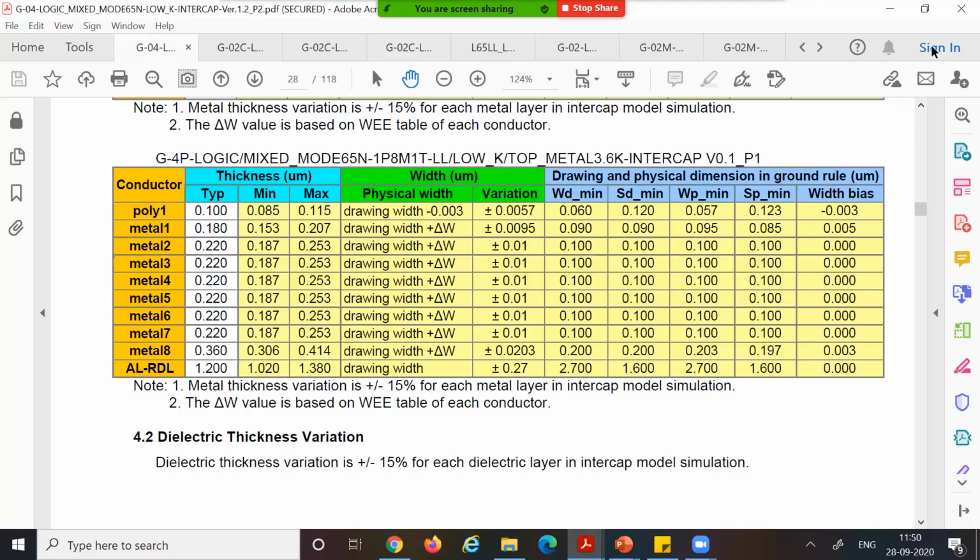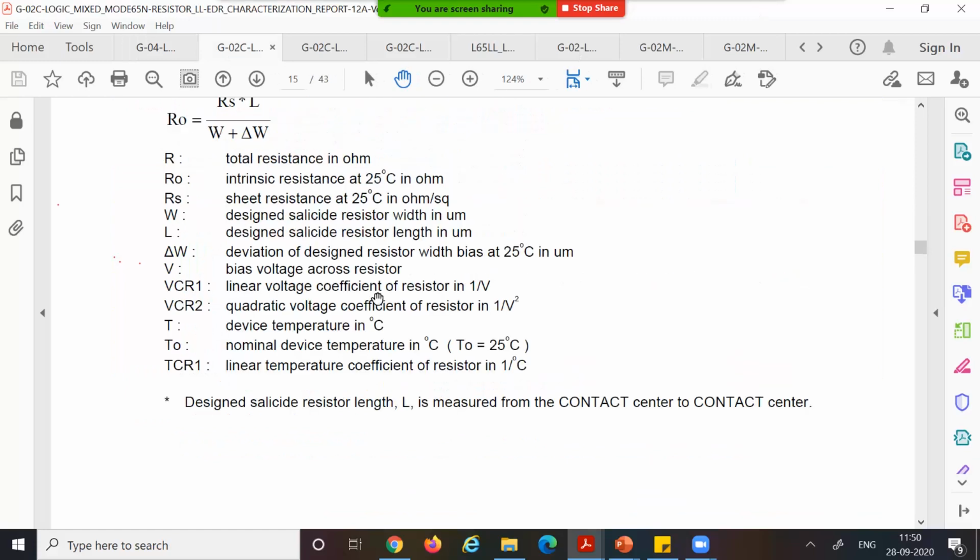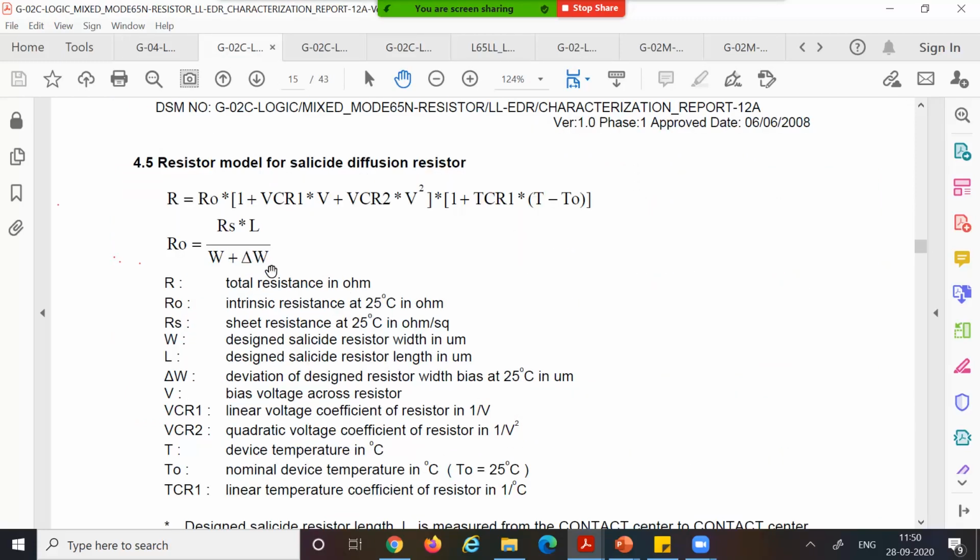Does it make sense? What is your question? Sir, I have a doubt: you are saying that delta W is calculated across various dies, but it will vary for each die, right? That is my point. That is what is called die-to-die variation. We will look at it in this course.